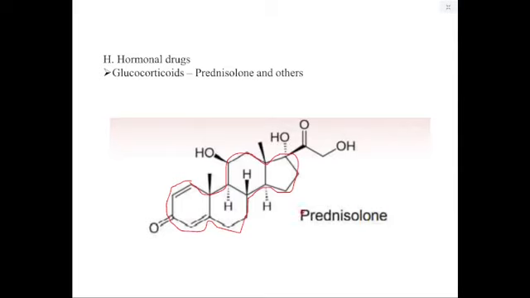We find that prednisone and prednisolone differ only in the group at this position: prednisolone has a hydroxyl group, while prednisone has a ketone. Prednisone is usually metabolized in the body to prednisolone.